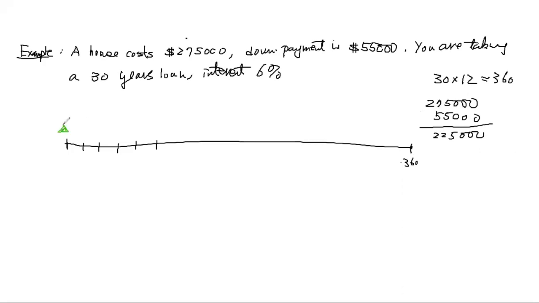Here, that means this house right now, right? So this house right now is 55,220. I'm sorry, 220. Okay, so it's 220.